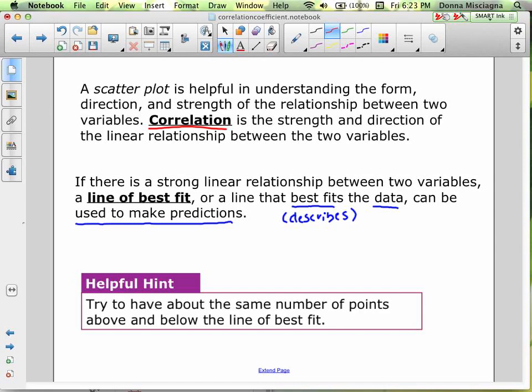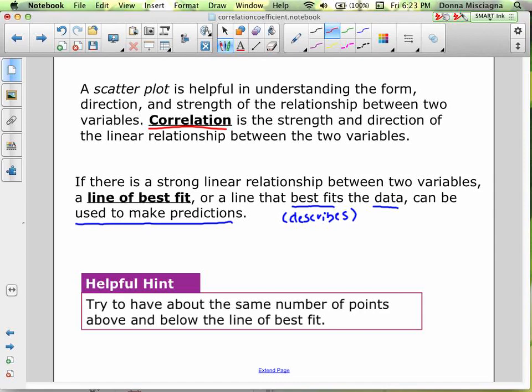But we're going to be working with linear. Linear, we can write the equation by hand. The other types of regression are a little tougher to write the equations for, and we generally need to use technology.